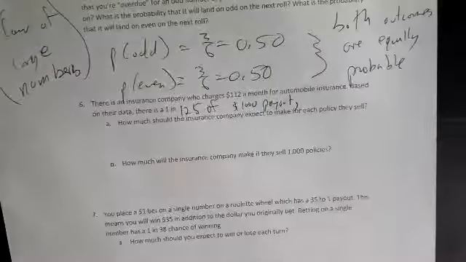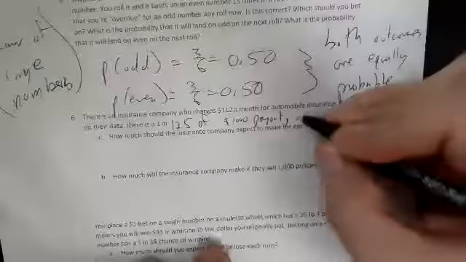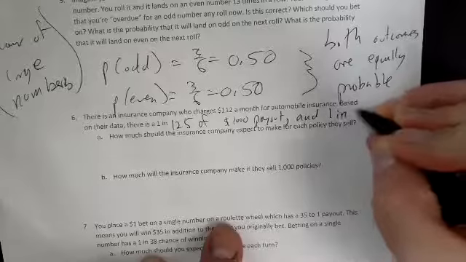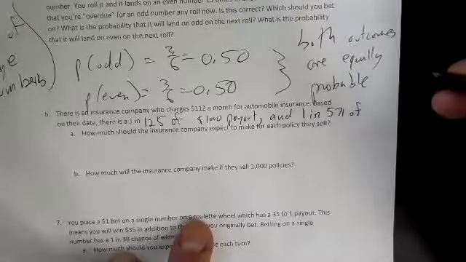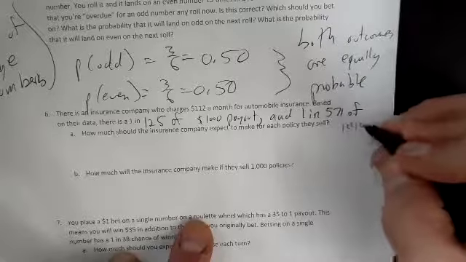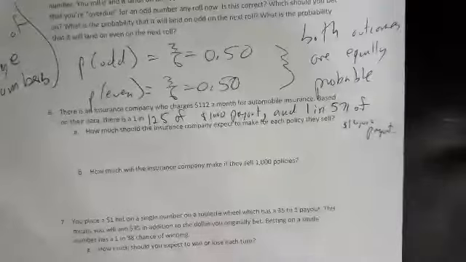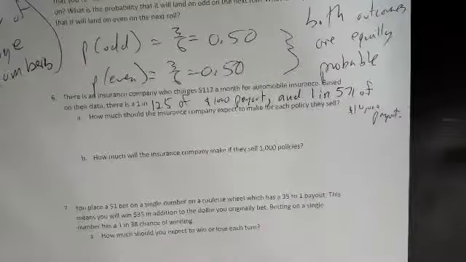Let's say 1 in 125 of a $1,000 payout. And 1 in 571 of a $10,000 payout.